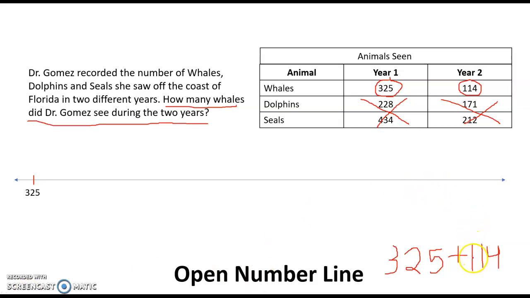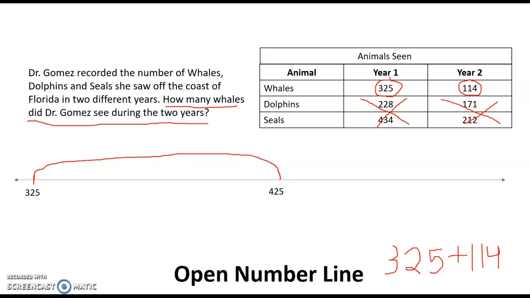So looking at 114, I'm going to break it up into easier numbers. So how many hundreds do we have? We have 100. So if we have 325, we're jumping 100.